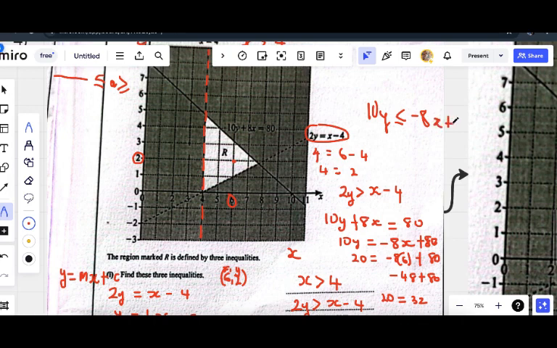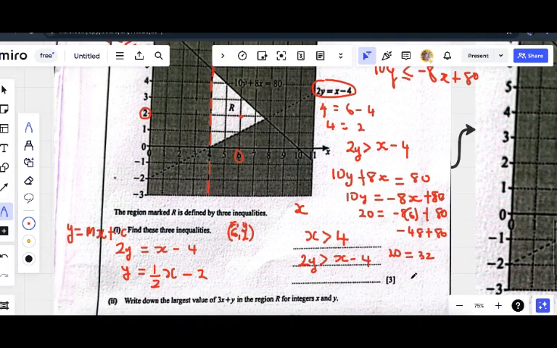Remember, this is not how they wrote it, but you can write it like this. Or if I bring this one this way, it becomes minus, right? 20 minus 32, you get negative 12.